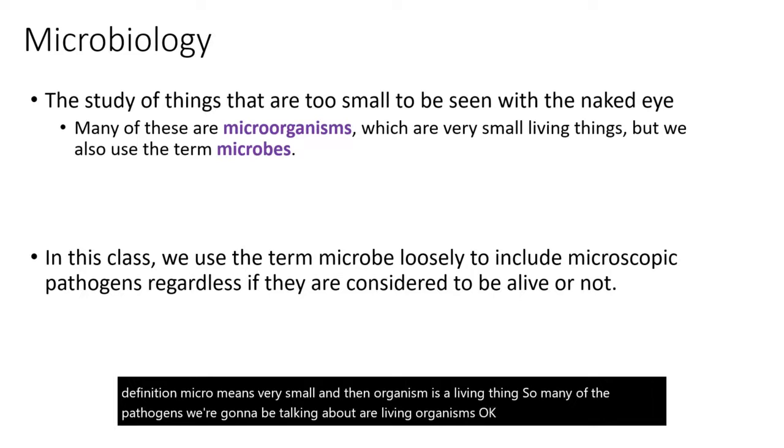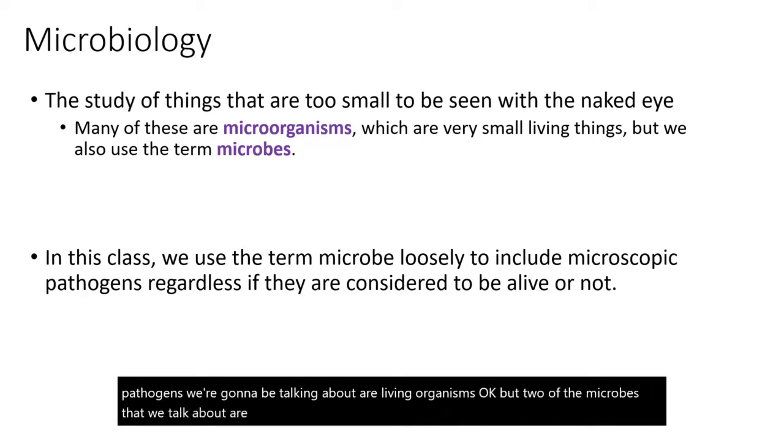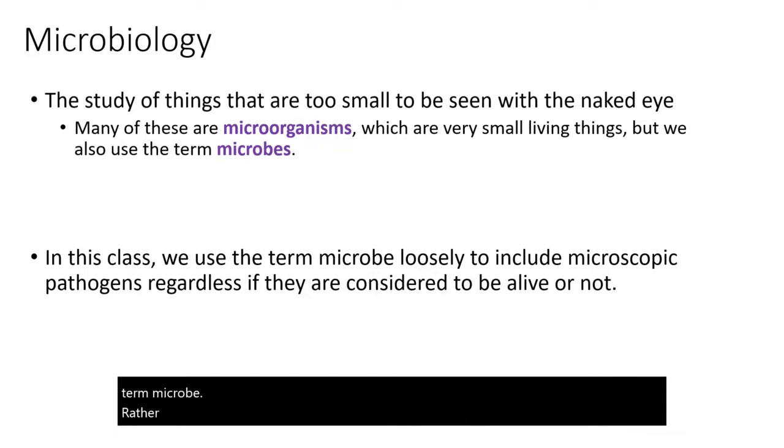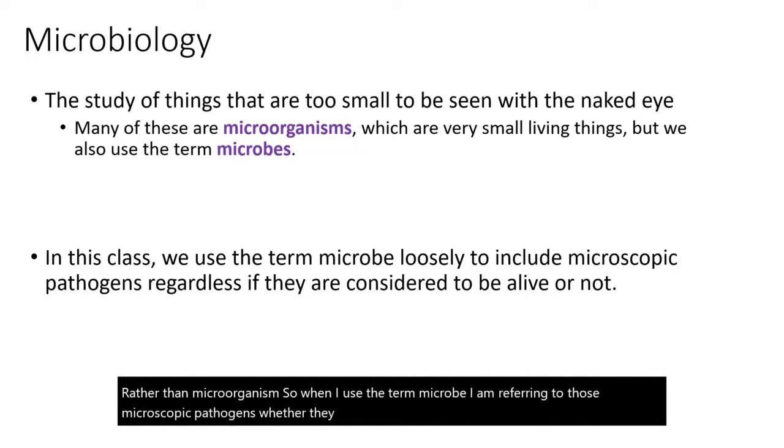But two of the microbes that we talk about are not technically considered to be alive. So I'm normally going to use the term microbe rather than microorganism. When I use the term microbe, I am referring to those microscopic pathogens, whether they be living or non-living. And we'll talk more about that here in just a minute.